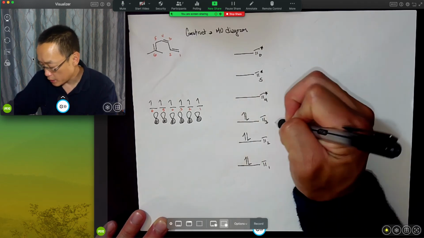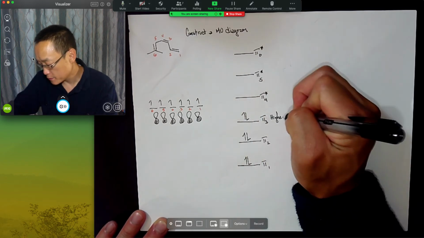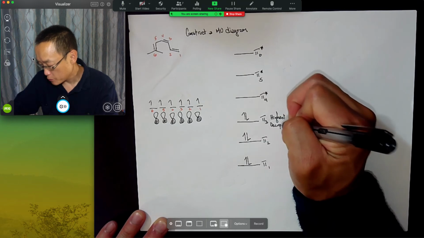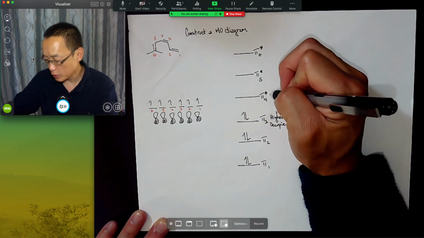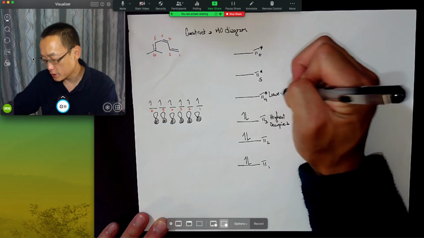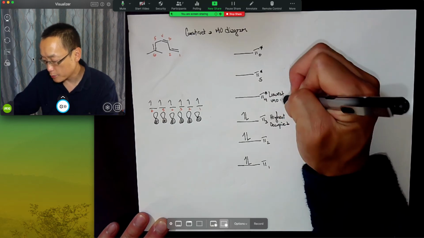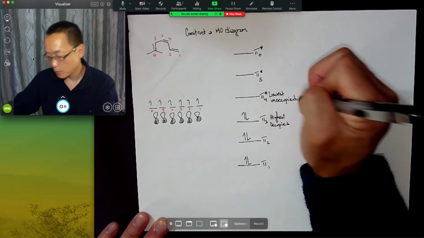This would be the highest occupied molecular orbital, the lowest unoccupied molecular orbital.